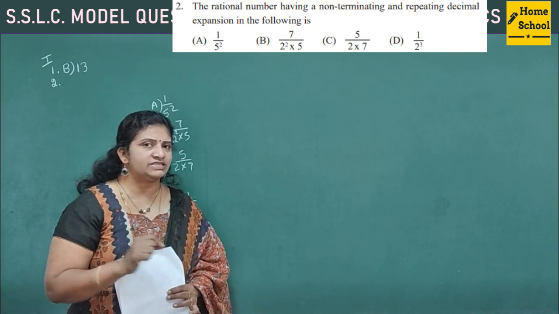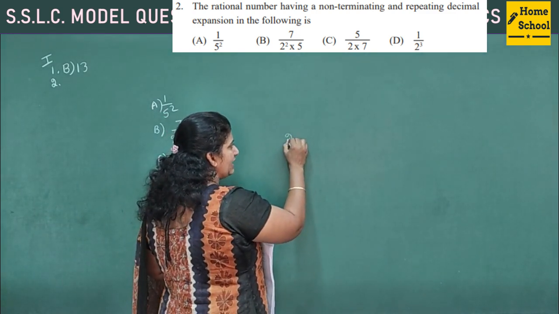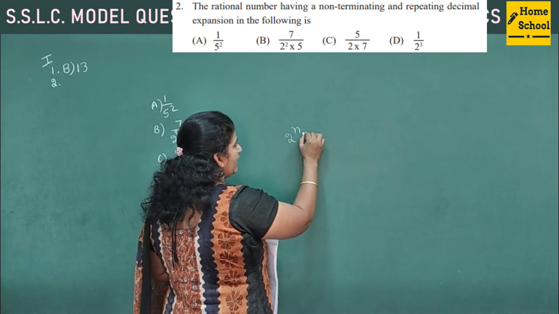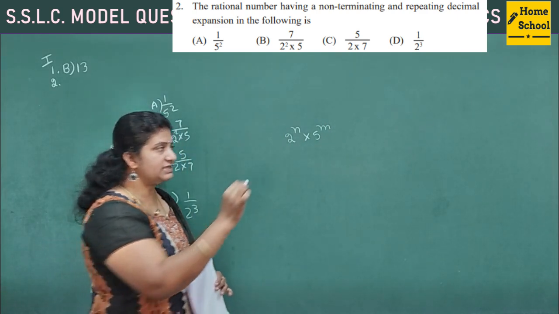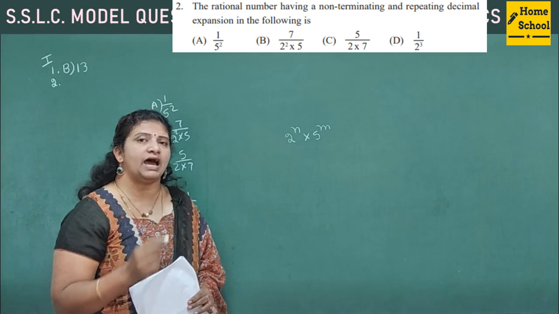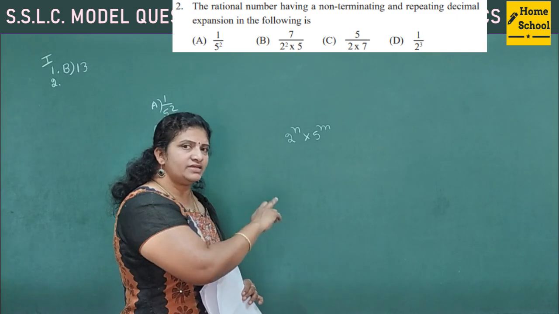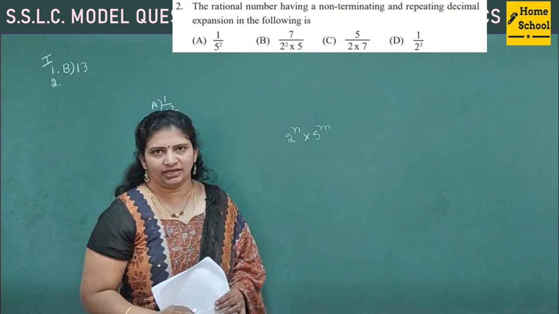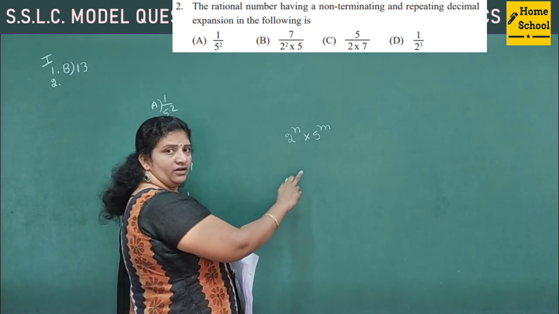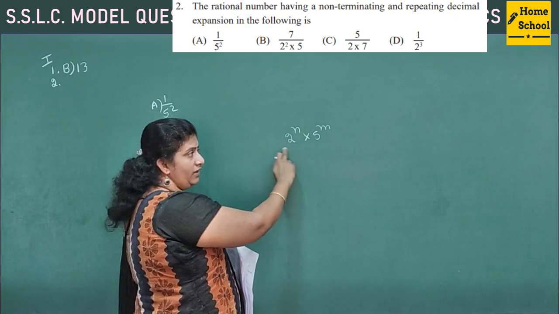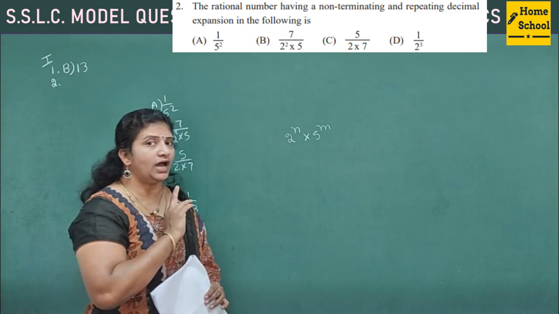You know from this chapter real numbers that if the denominator of a rational number is in the form of 2 power n into 5 power m, if your denominator is in this format, you can say that rational number is a terminating decimal. Other than this, then you can say it is a non-terminating. Observe here, among these rational numbers, your denominator either only 2 power n may be there or only 5 power m may be there, or both you can have, but not other number.